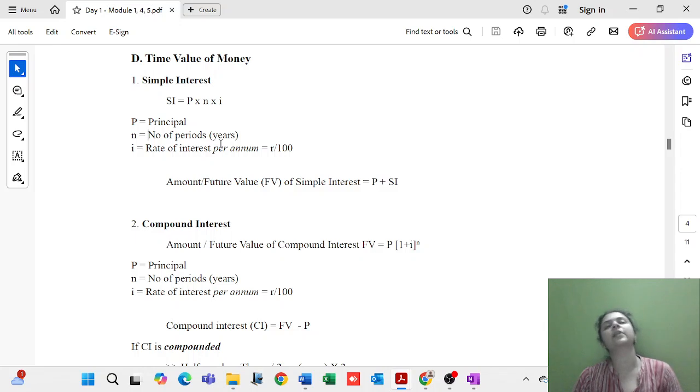So people will either use the formula P into N into I or PNR by 100, with I in place of R by 100. Whichever formula you use, it's the same. Don't worry. And to find the maturity value or the future value, we use the formula future value is equal to principal plus simple interest. Principal plus simple interest.